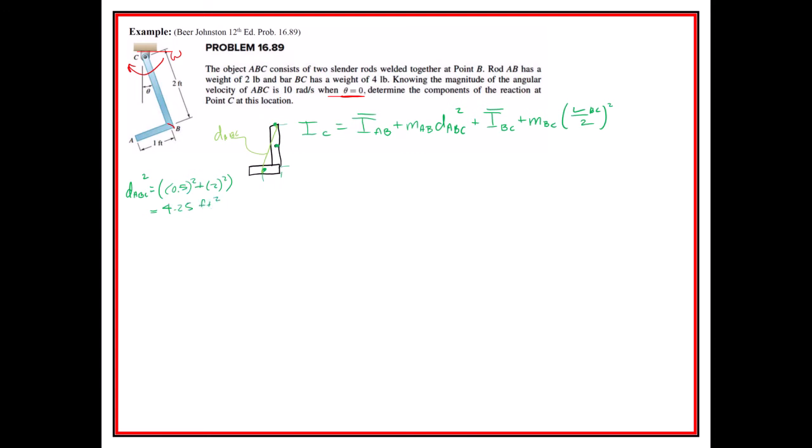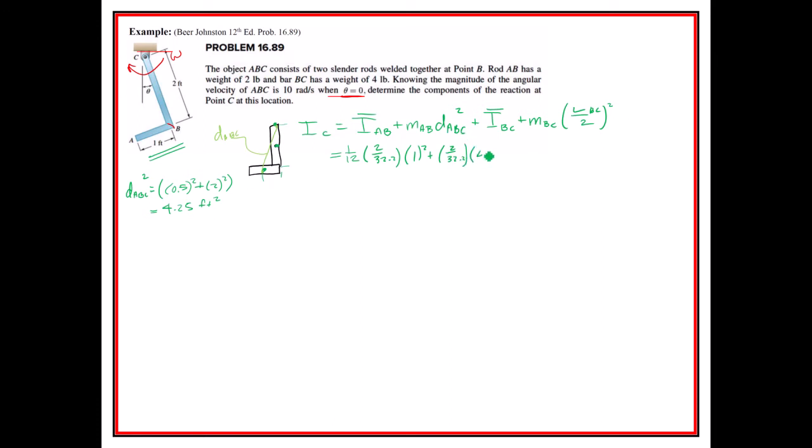That makes sense. Marching through, filling stuff out right here, we have 1/12 mass of AB, which is 2 pounds over 32.2, and the length of it is 1. Sorry, I said 2 earlier, but we're looking at this guy right here first, so 1 squared, plus the mass times the distance that it's moving squared.